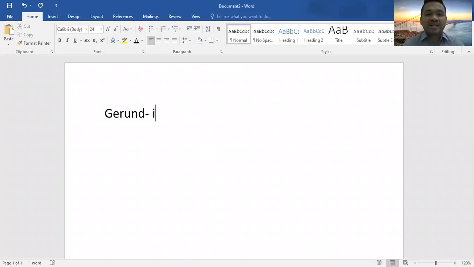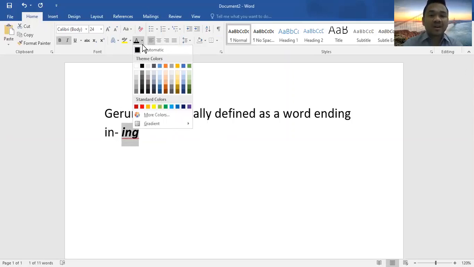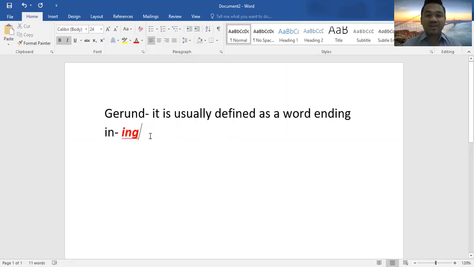A gerund is usually defined as a word ending in ing. So again, when I say gerund, it is a word usually defined as a word ending in ing.